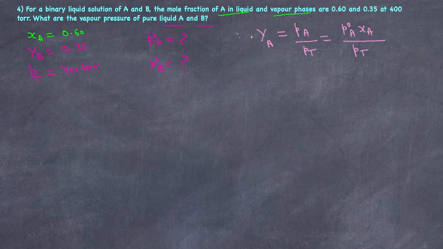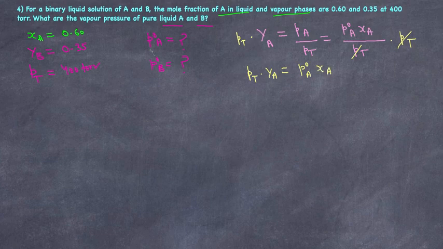This will cancel out this PT, and we are left with PT YA is equal to P naught A XA.